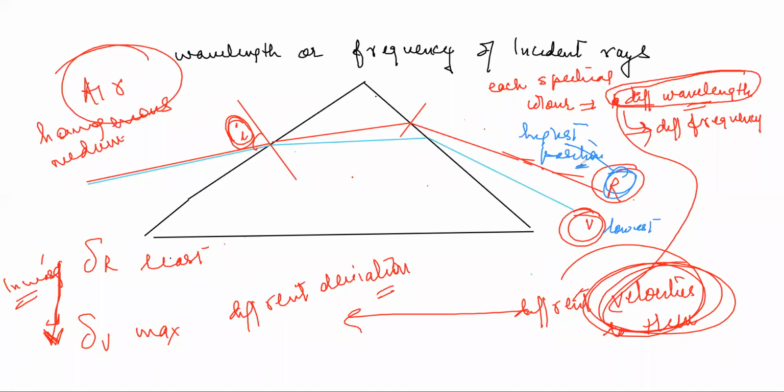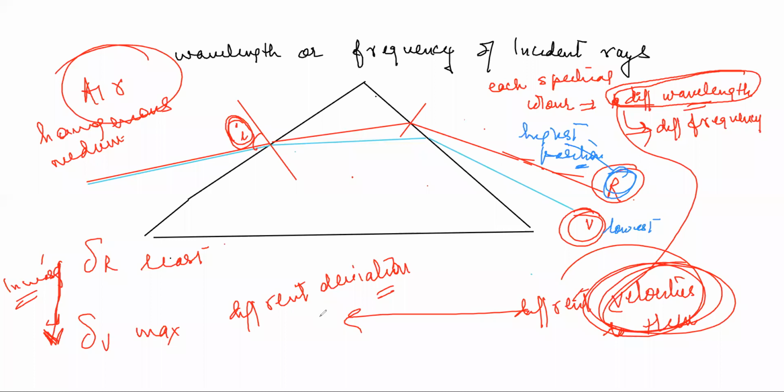You take any source of light, you take any refracting medium, be it prism or whatever, whenever refraction is happening of a white light, it will always be like this. All these colors are distributed, they are dispersed. This is called dispersion. This phenomenon is called dispersion of white light through the prism.